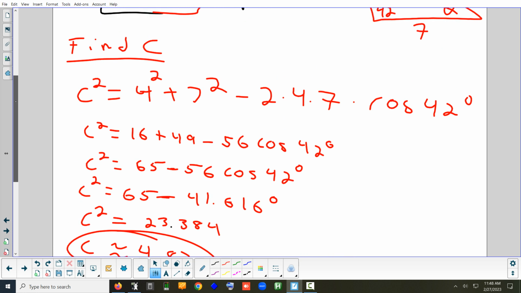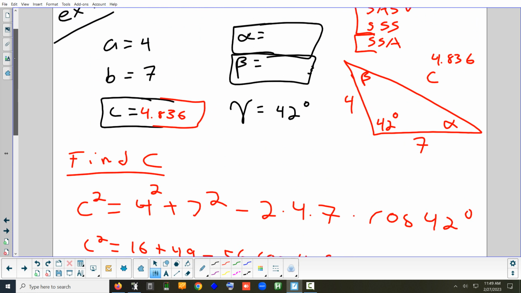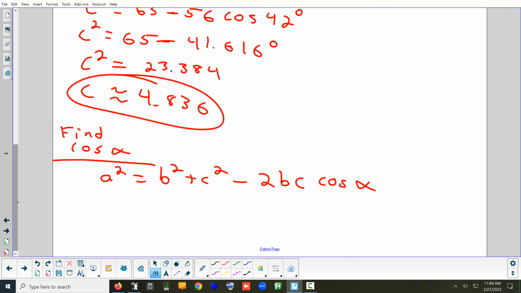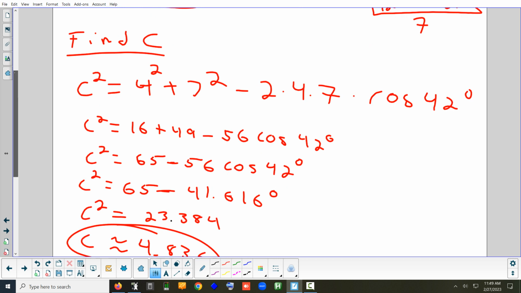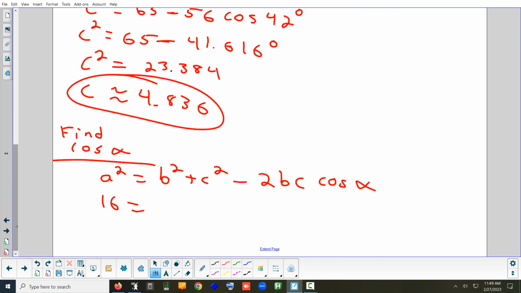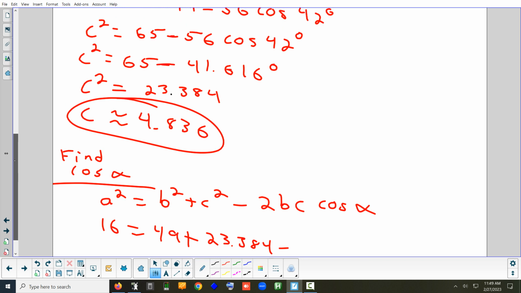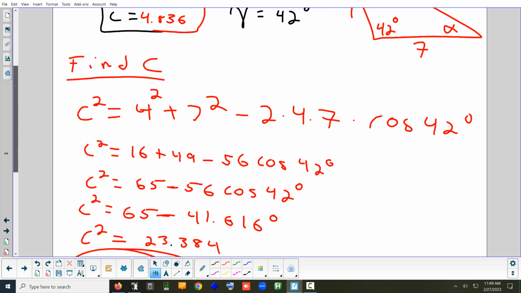So a squared, let's do some of it as we go. What's a squared? 16. What's b squared? 49. And don't take c and square it. You have c squared right above it. 23.384. So we already know that. Now I need 2 times b times c. I'm going to need someone with a calculator in a second. Let's start with 2 times b.